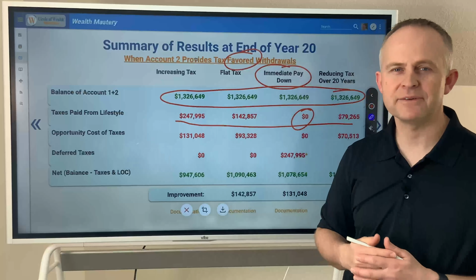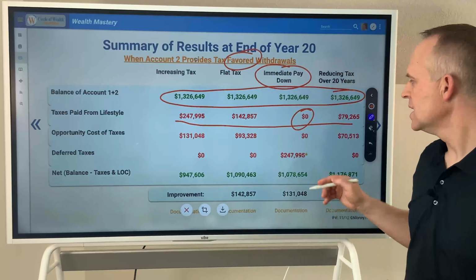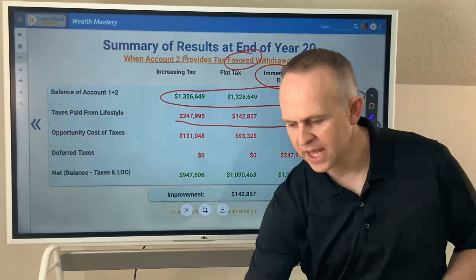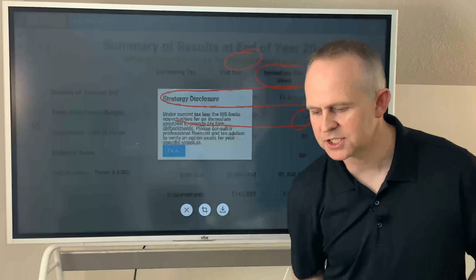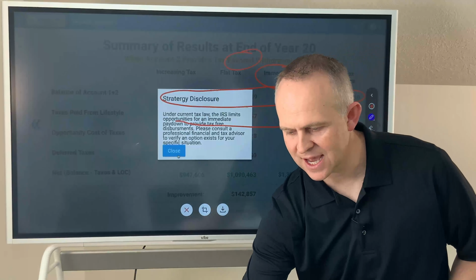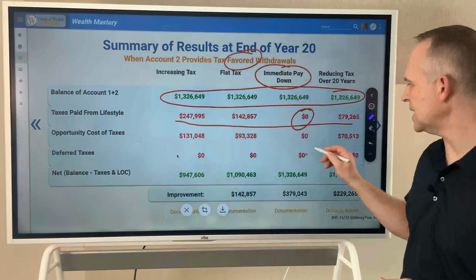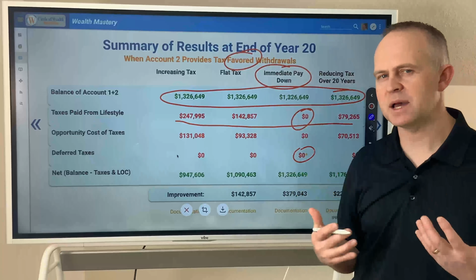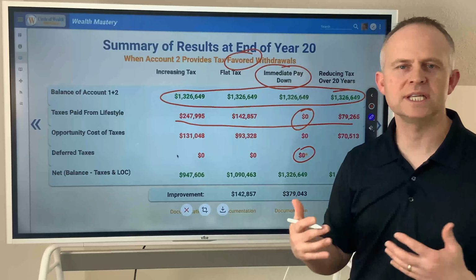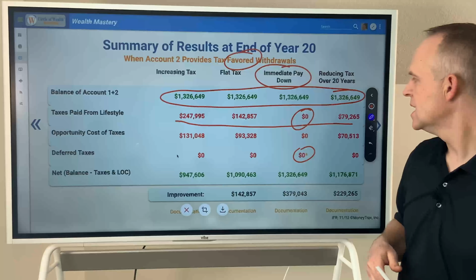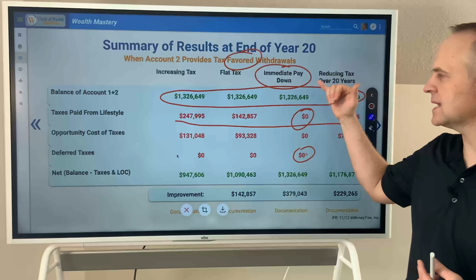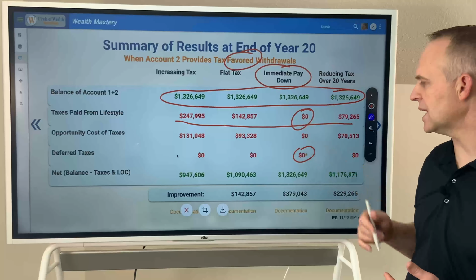So using some life insurance, some other things like that. So there are some things to consider there if you do it correctly, and depending on your situation, this could be a 0 if you used a type of life insurance. But we can get into that in more detail if you want to have a one-on-one conversation. For the most part, this has some pros and cons that you want to understand.